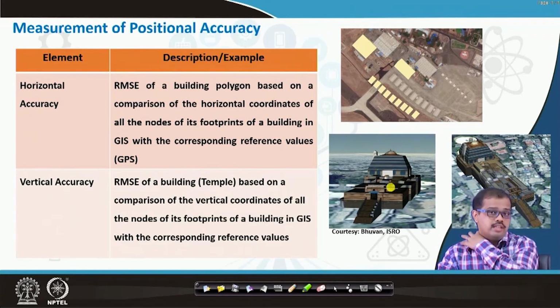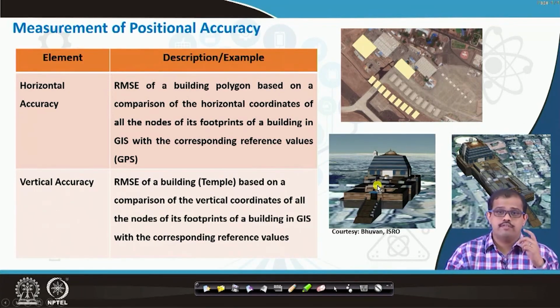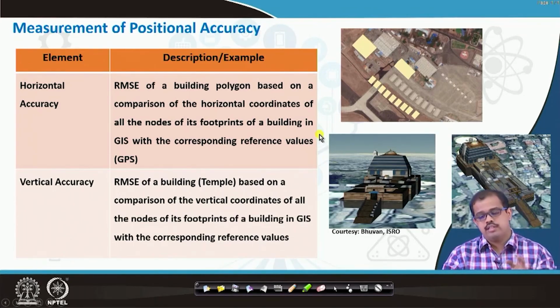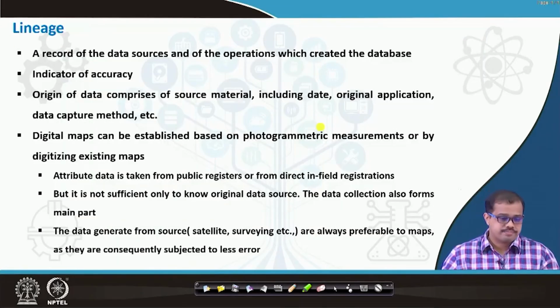So there are certain values which you can consider to be a reference for this building, so you have to look at those reference values. Also, there are certain measuring instruments which can be used to measure the height of the building. So if you have those measuring instruments, you can measure the height of a building and use it for such analysis, in order to see whether it matches the real world phenomena.